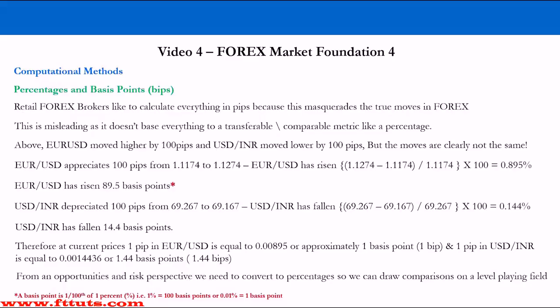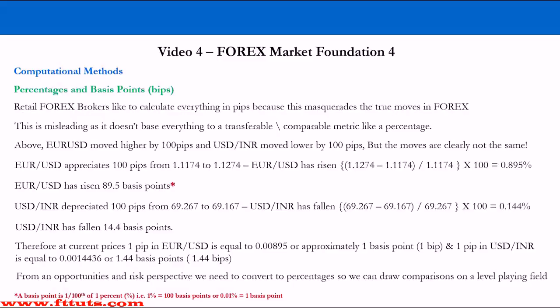And when we compare this euro dollar move in basis points to the dollar rupee move, we can see the euro dollar move was actually a much bigger move. So when we look at dollar Indian rupee, the percentage move was 0.144%, or 14.4 basis points.